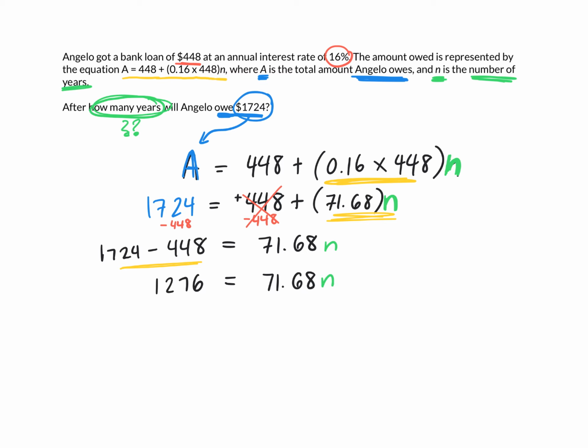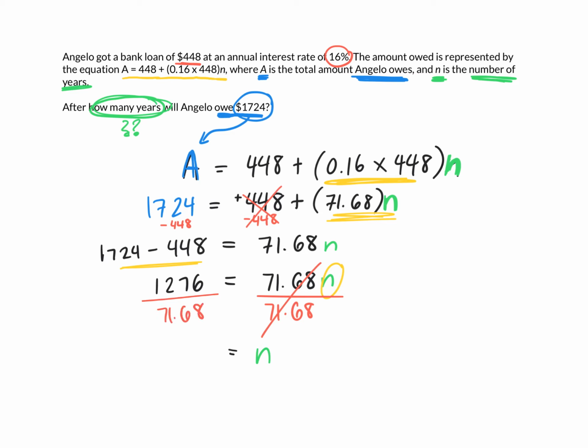Again, I want to get this n by itself. Right now, it's attached to 71.68. It's multiplied by 71.68. What's the opposite of multiplication? Division. So if I divide this by 71.68, I'm reducing that to 1, and I'm just going to be left with 1n, or just n. Now, if I divide the right side by 71.68, I have to divide the left side by 71.68.